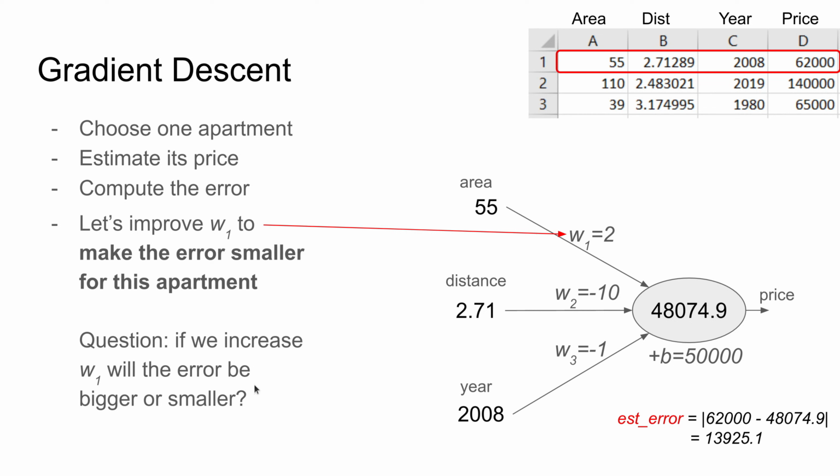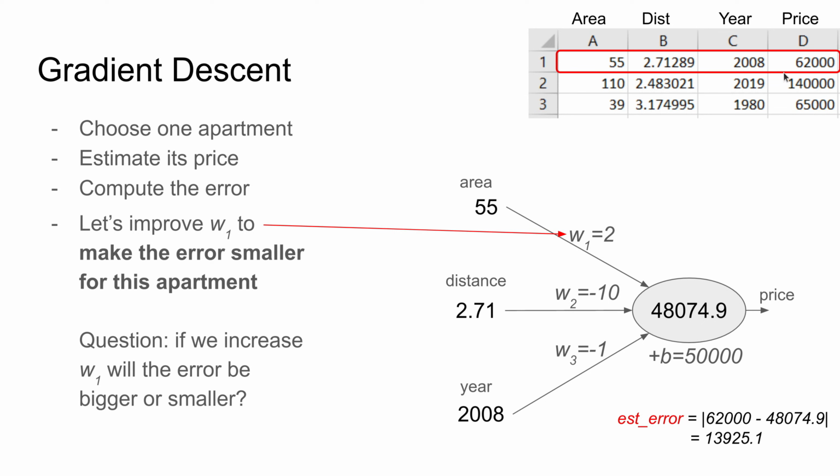Now, what do you think? If we increase this weight, right now we count like each squared meter of the area increases the estimation by 2 euros. Do you think this weight should be bigger or smaller? Do you think if we increase the weight, the estimated price will be closer to the real price?